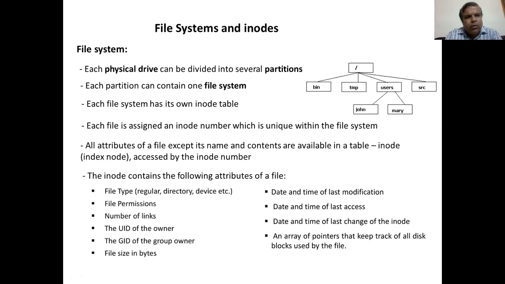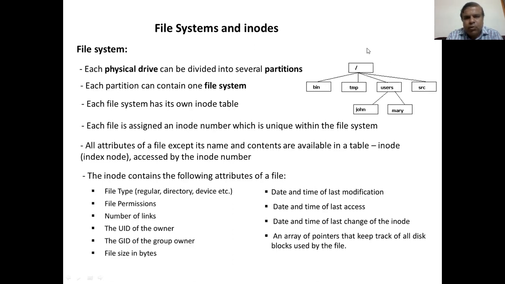So Unix organizes all the files in a hierarchical file system structure, much like an upside-down inverted tree with the root directory at the base, and all other directories spreading from there.